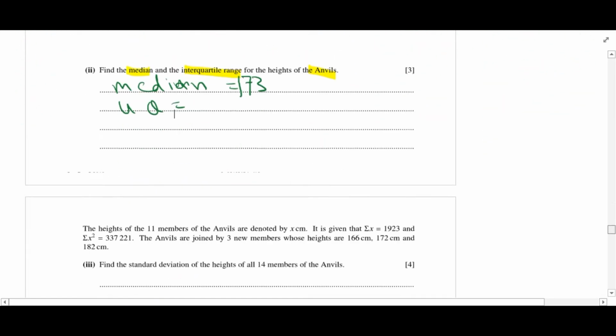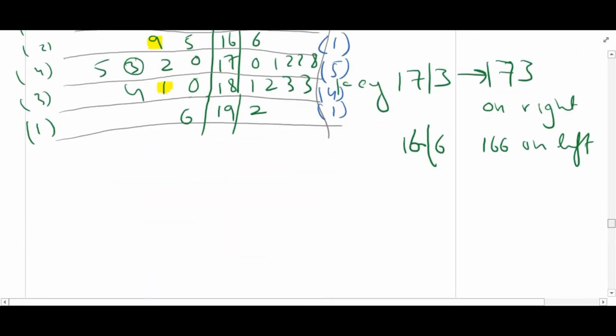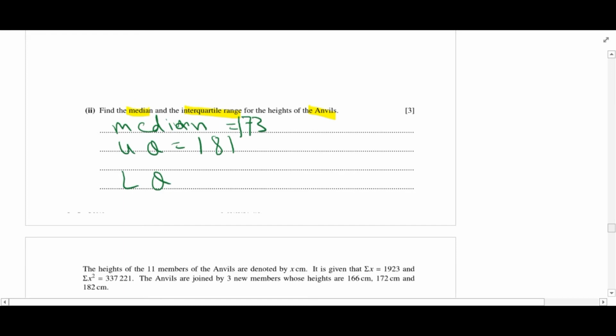And for upper quartile, the answer was something 1, that is 181. For lower quartile, the answer was 160.